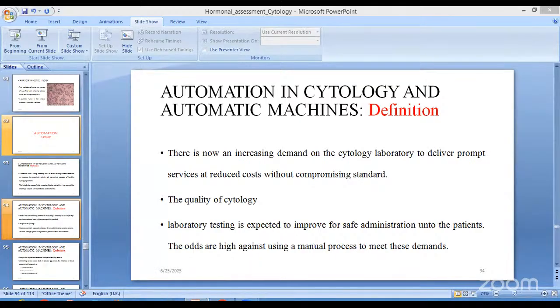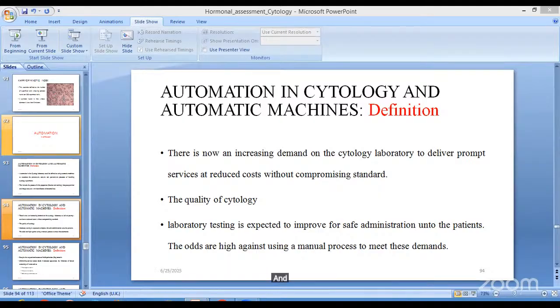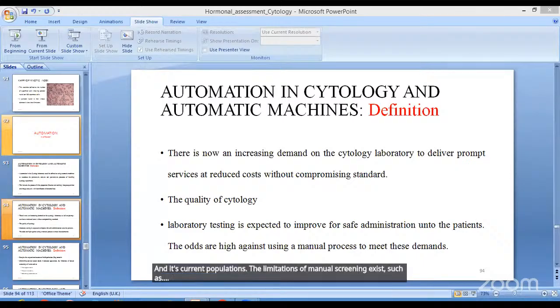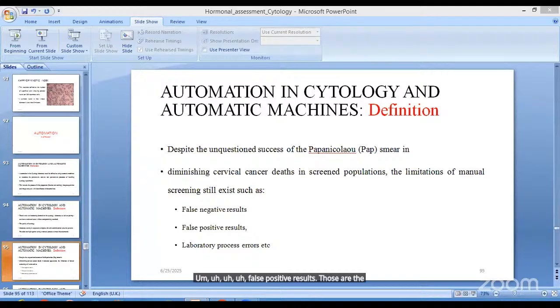Despite the unquestioned success of the Pap smear method in diminishing cervical cancer deaths in screened populations, the limitations of manual screening exist, such as highly pronounced false negative results, and false positive results. Those are the limitations that have been observed over time.